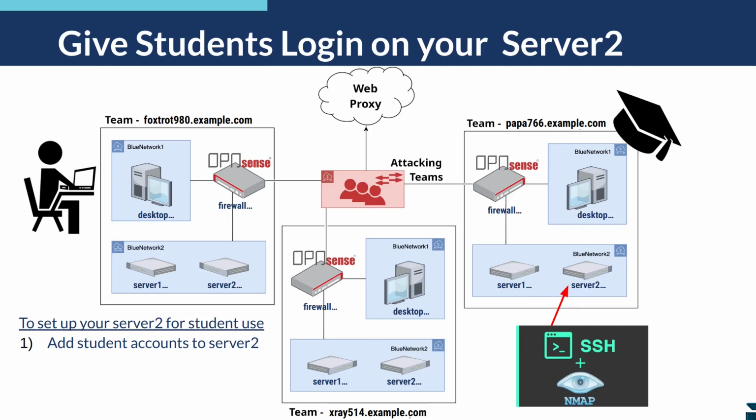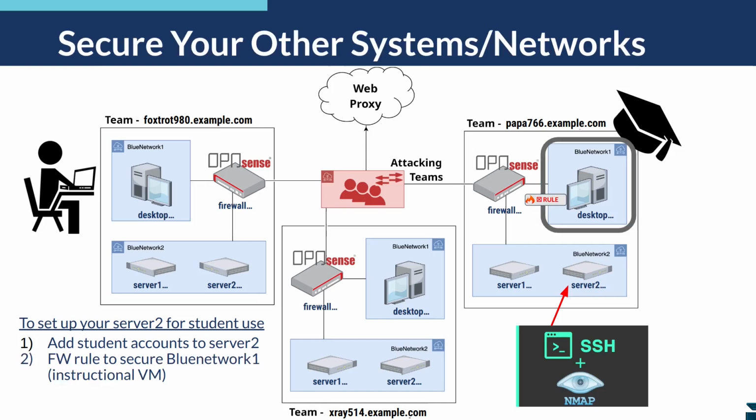And so that's why, if you're going to do this kind of thing, and in more advanced classes, you need to, first of all, put a DMZ around your desktop network. So don't allow any traffic from Blue Network 2 to Blue Network 1. So we're going to want to do that first. Go ahead and add user accounts to server 2, and then add another rule to allow SSH access in your firewall down to server 2.